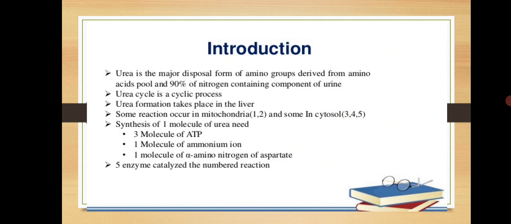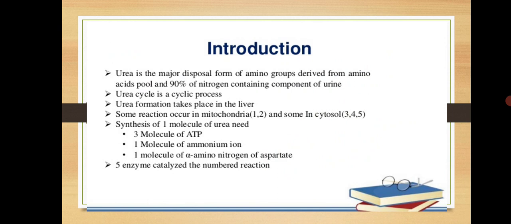So first, keep in mind it is a cyclic process. Second, it takes place in the liver, in the cell parts called mitochondria and cytosol. Some reactions are carried out in the mitochondria and the rest in the cytosol. It is a cyclic process.